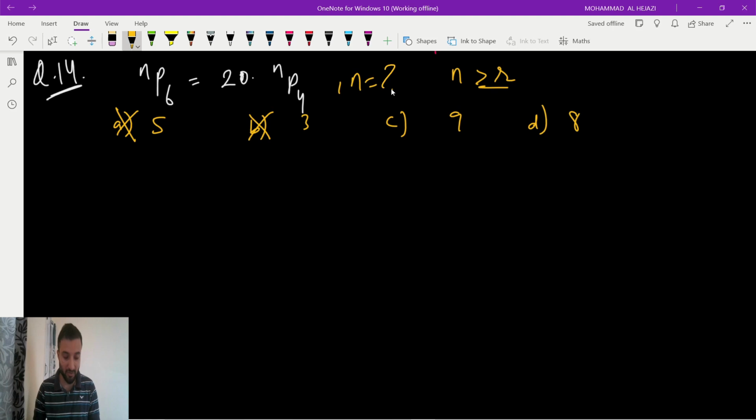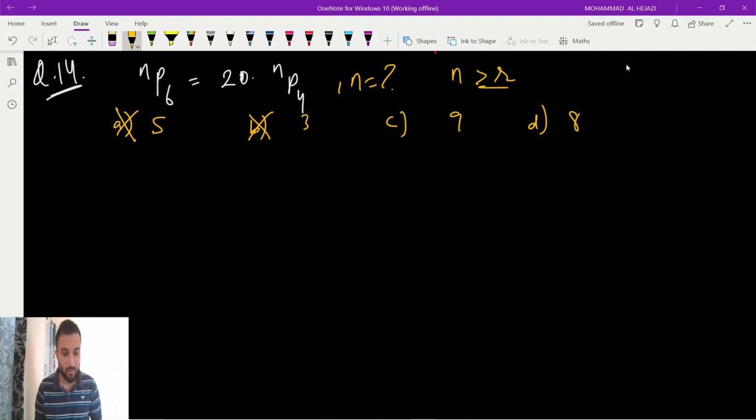We know that n must be greater than r. Then 9 or 8. So 9P6 means we will take 9 factorial till 6 steps: 1, 2, 3, 4, 5, 6.